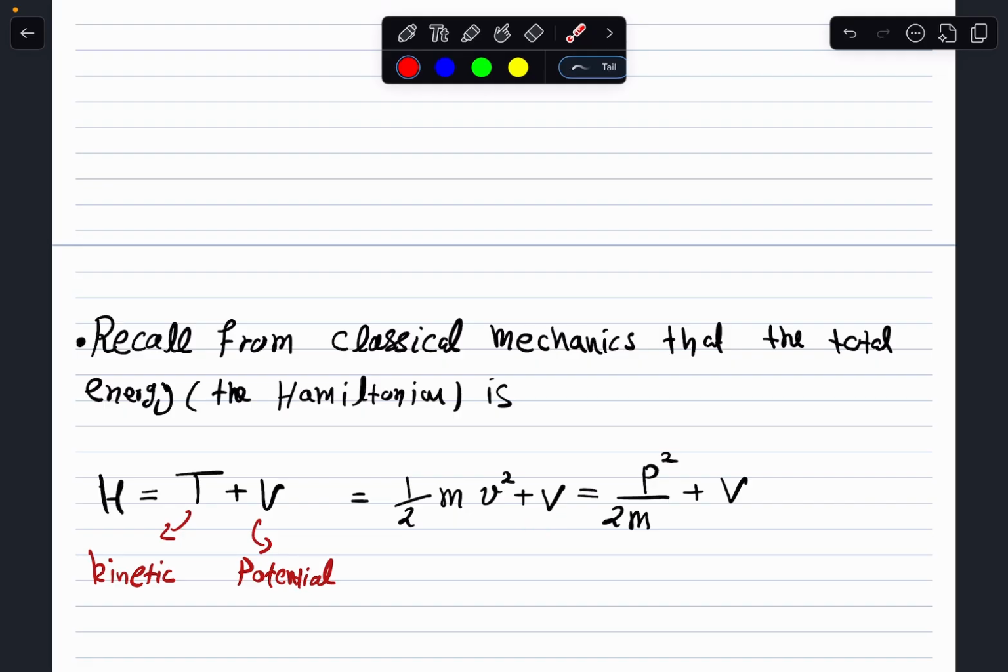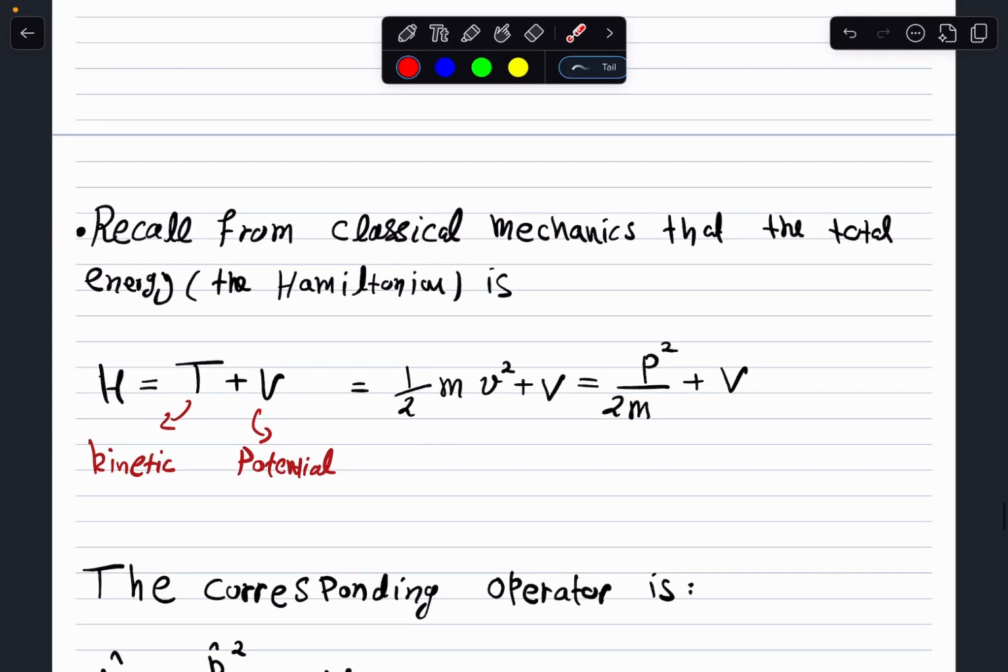Now for half mv squared, we can multiply by m and divide by m, right? So we'll have m squared v squared over m, and m squared v squared becomes p squared, the momentum squared, and we divide it by m, so we'll have p squared over 2m plus V.